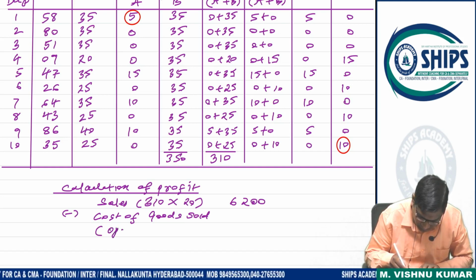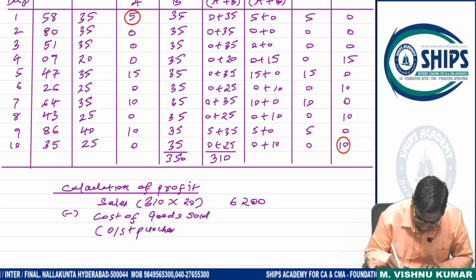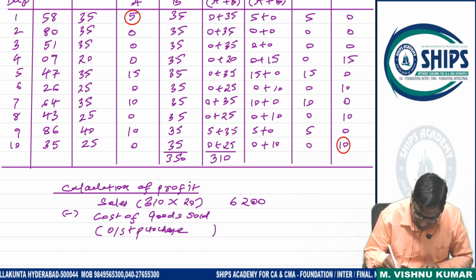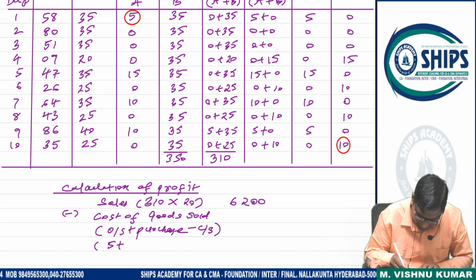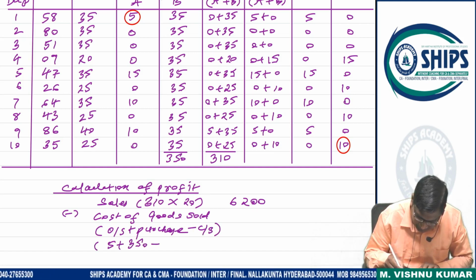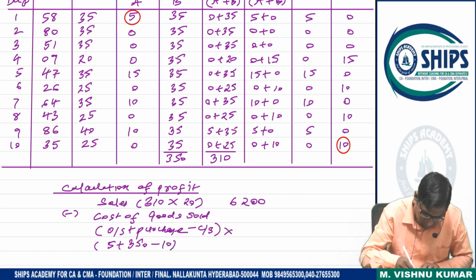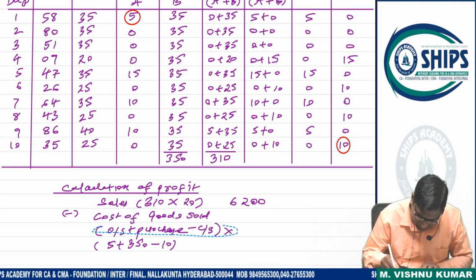This is opening stock plus purchase minus closing stock. So 5, 350, minus 10, into cost per unit. Cost per unit.